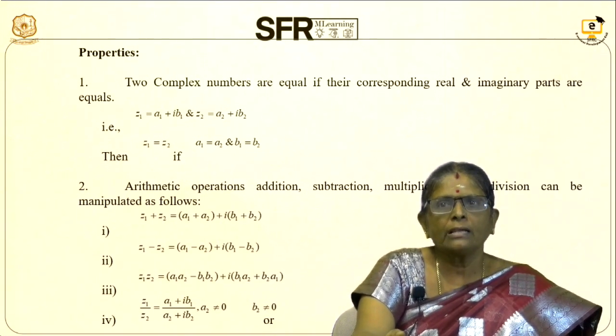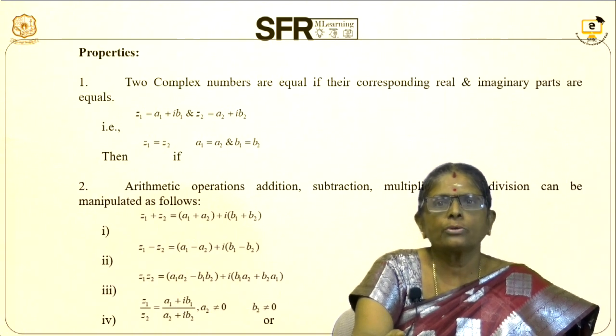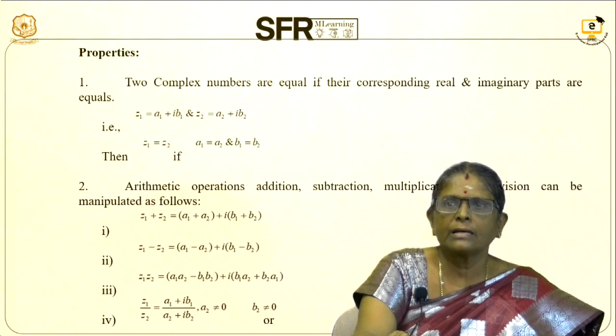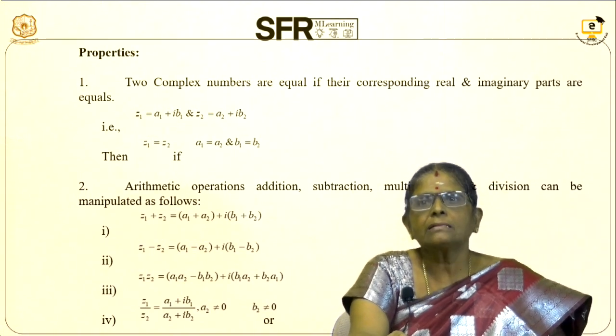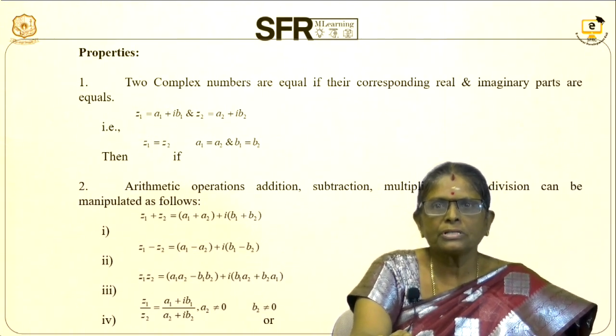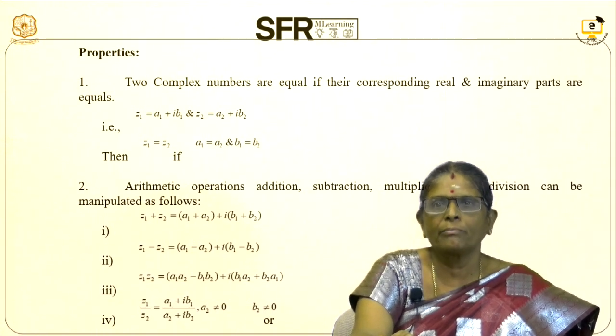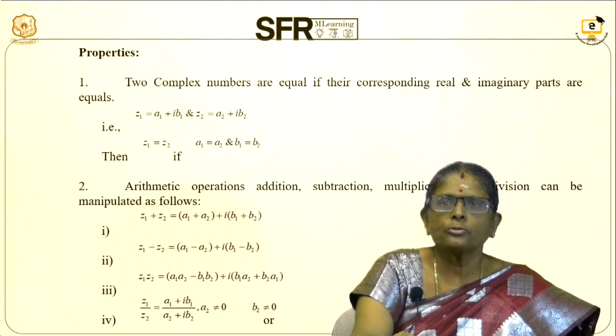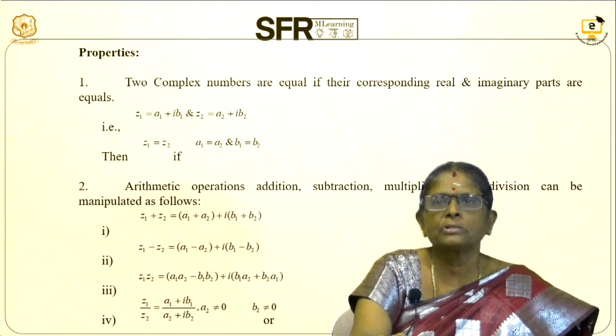Their corresponding real and imaginary parts are equal. That is, z1 equals z2 if and only if a1 equals a2 and b1 equals b2. Similarly, the arithmetic operations addition, multiplication, subtraction and also division can be performed among complex numbers. z1 and z2 can be added, that is, real parts are added and imaginary parts are added separately.